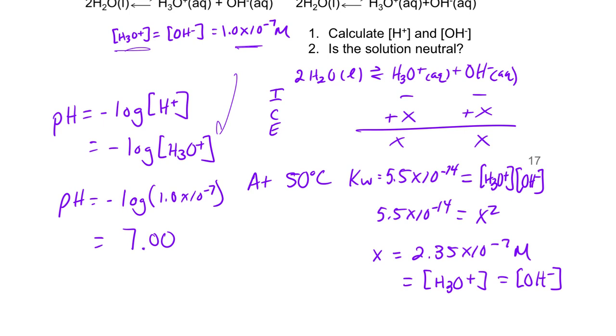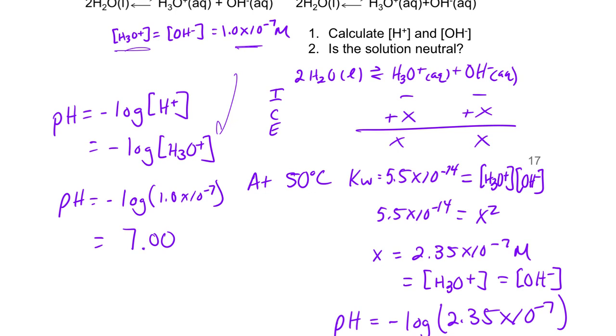For 50 degrees Celsius, pH is going to be equal to minus the log of 2.35 times 10 to the minus 7. Let's see. Does anyone have their calculator out? Want to solve that for me? 6.63. That's fine.